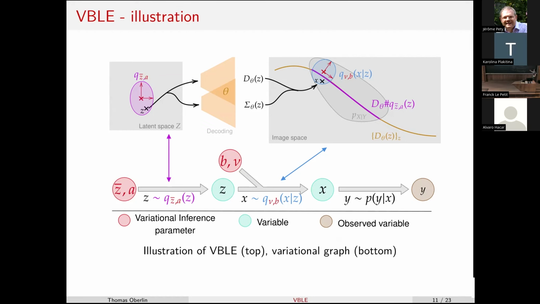So this is a generative model, a neural network that outputs an image and a covariance matrix. This is a latent space, so we are looking for those two parameters that give you the volume in the latent space, the distribution in the latent space.